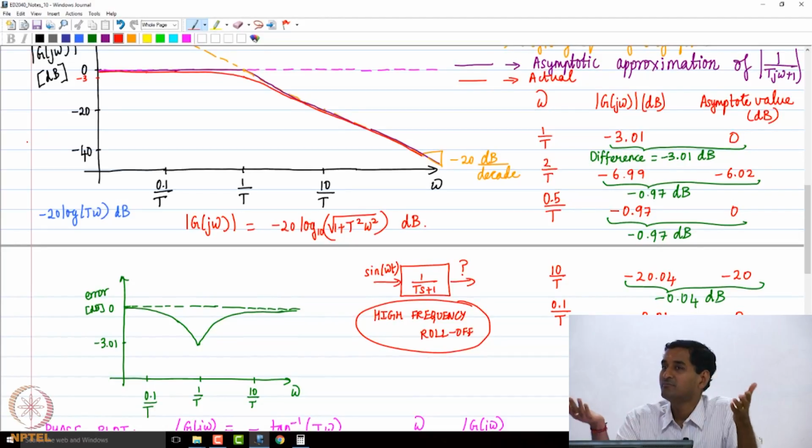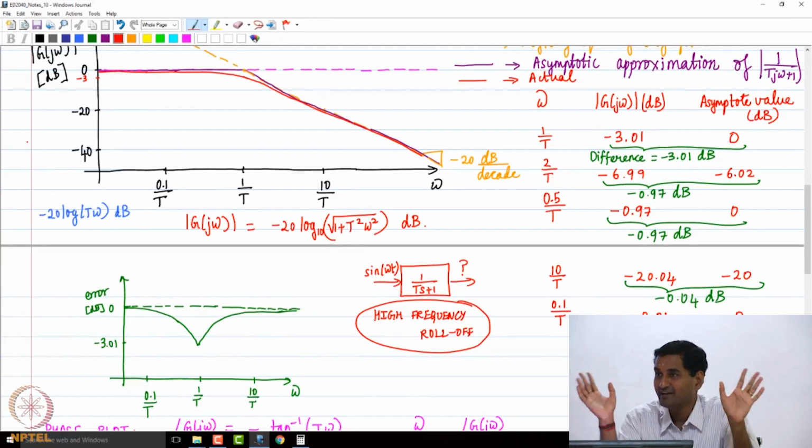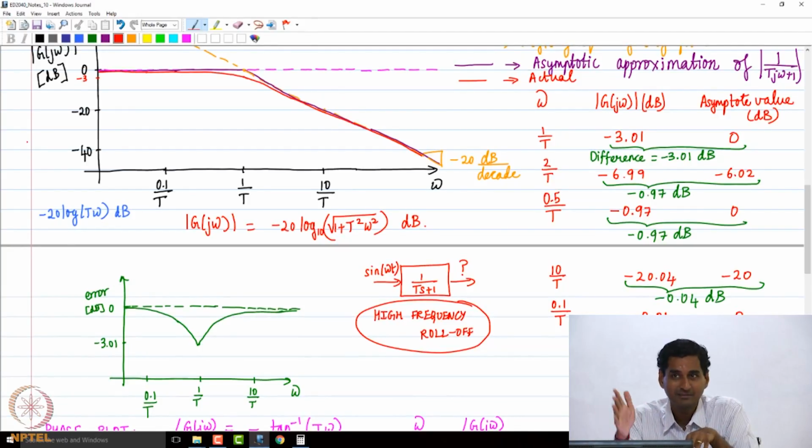So if you map this term to the transfer function of, let's say, a sensor or an actuator, which in practice you very commonly model using this first order term, then if you give me the transfer function, I can immediately tell you the bandwidth. Let's say I give you a transfer function for an actuator as 1 by 0.1 s plus 1. I immediately know that T is equal to 0.1 by comparing with this.